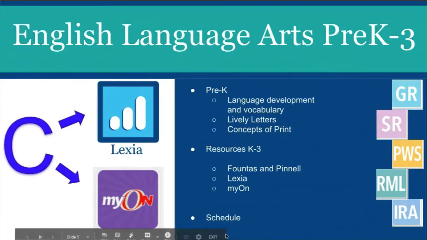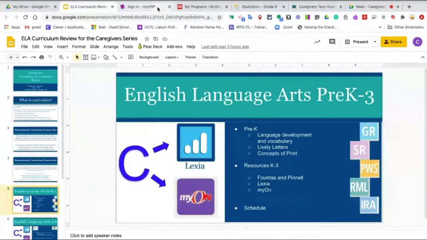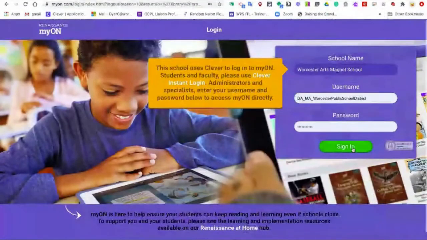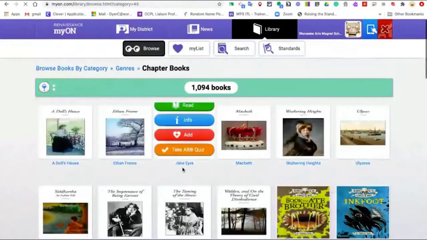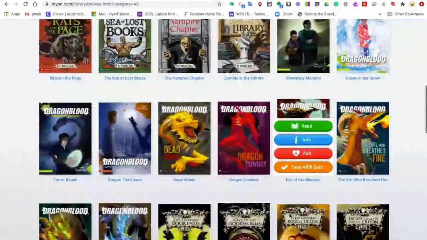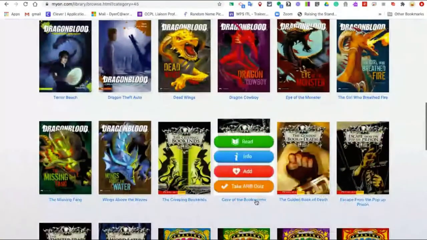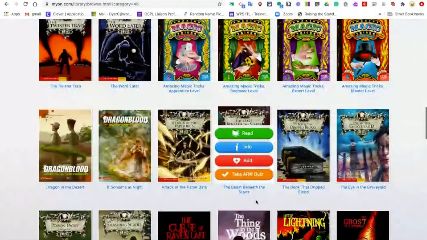Myon is a different kind of app. This is newer to us. Myon is an independent reading library, so I'm going to click off for a moment and show you. Myon allows our students in the Worcester Public Schools to access many, many chapter books, picture books, all of these things that we're using to offer voice and choice in independent reading.